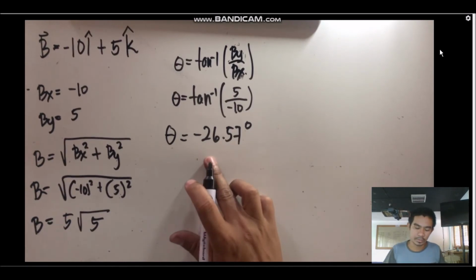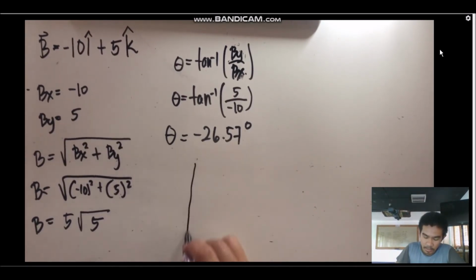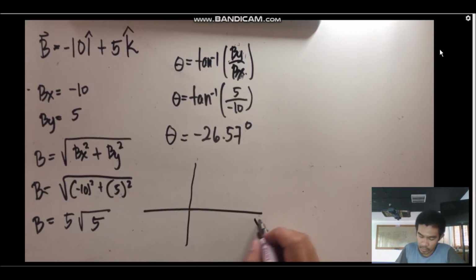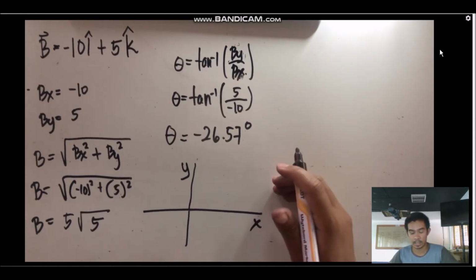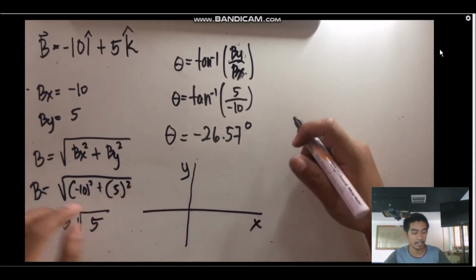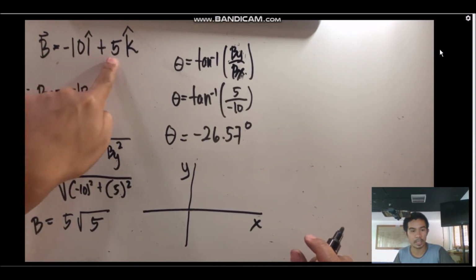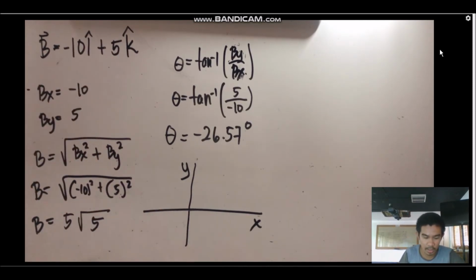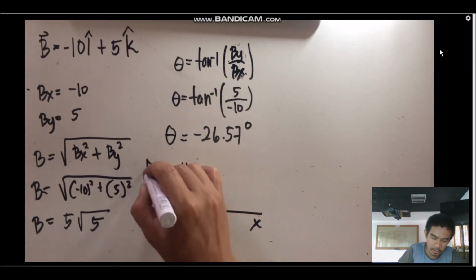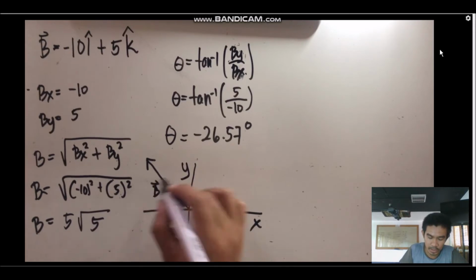What is this negative 26.57 degrees? Now, this is the x and y axis, the x and y plane. Vector B has a negative x component and a positive y component. So it means the vector is located where? In the second quadrant.